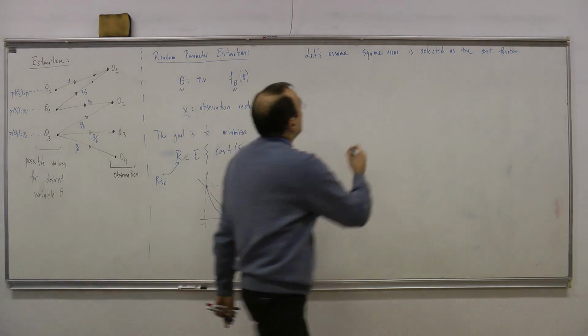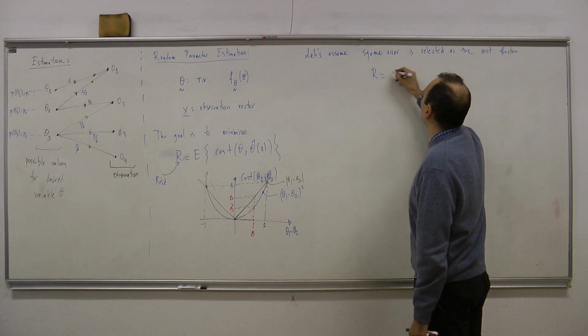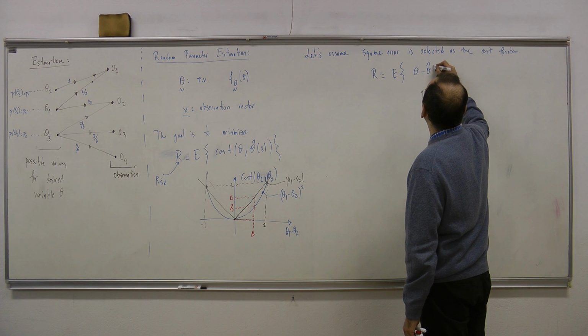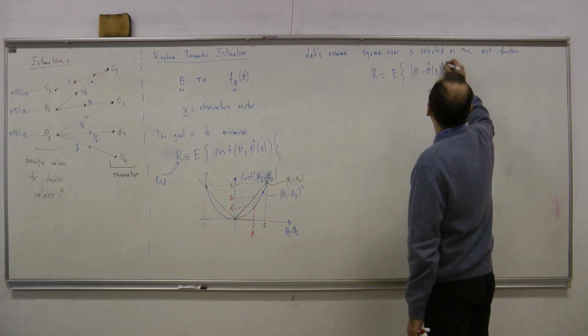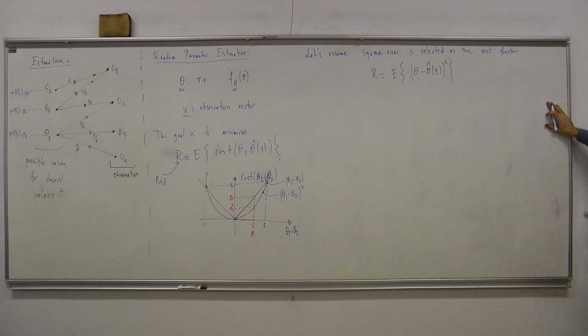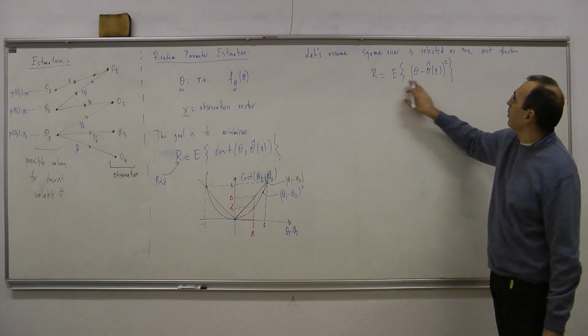Okay. Then R becomes, in this case, for the square error, the expected value of theta minus theta hat squared. It's just like the earlier case, isn't it? This is our error variance for the unbiased estimator that we have previously discussed. Okay. So this is our risk, and so on.